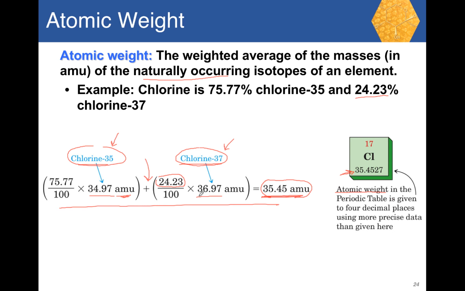Add these using this equation, and the result is the atomic weight of chlorine in natural abundance. This is what is shown on the periodic table.